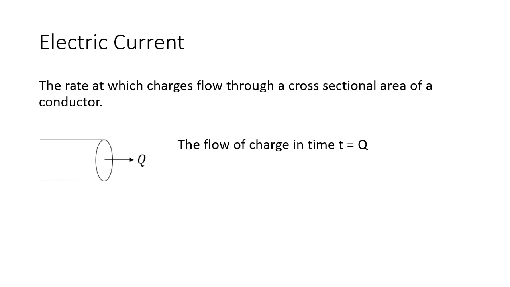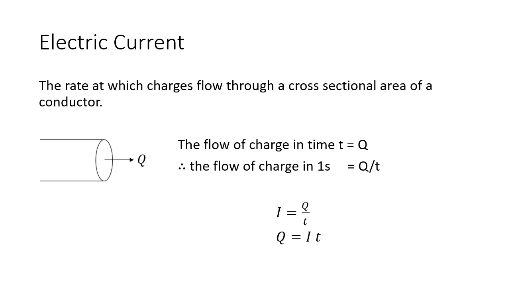Therefore, the flow of charges in 1 second is q divided by t. So the current I equals q divided by t. Therefore, I can rearrange this equation and write q equals I t. And current is a scalar quantity and the SI unit for current is ampere.